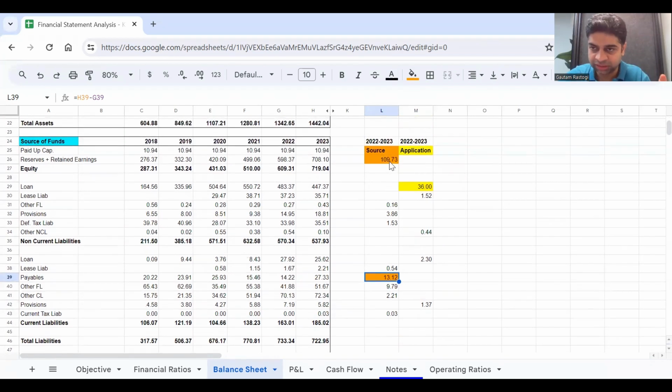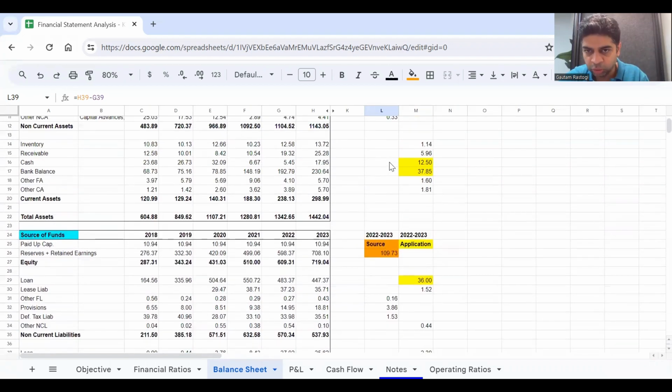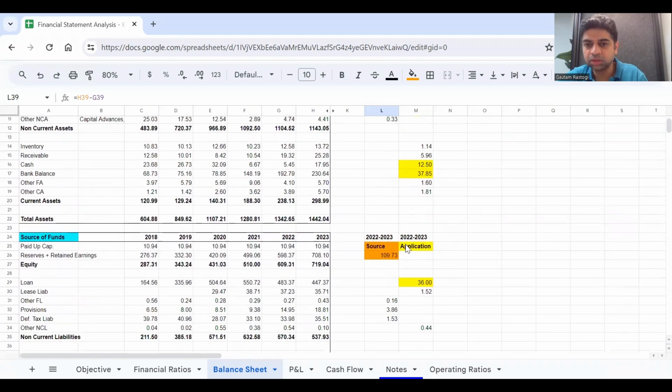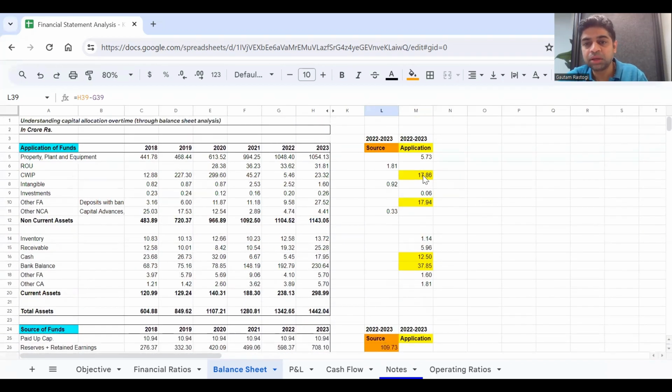So these two sources of capital, okay, have been used to fund what? Have been used to fund capex or capital work in progress, to fund capital expansion, okay, and it has been used to fund some other financial assets, okay, which is really deposit with banks for some business reason.